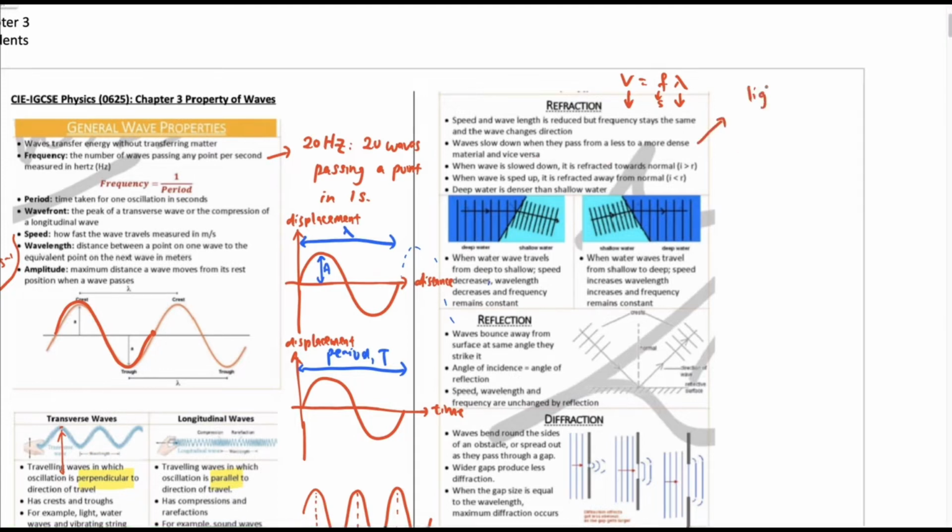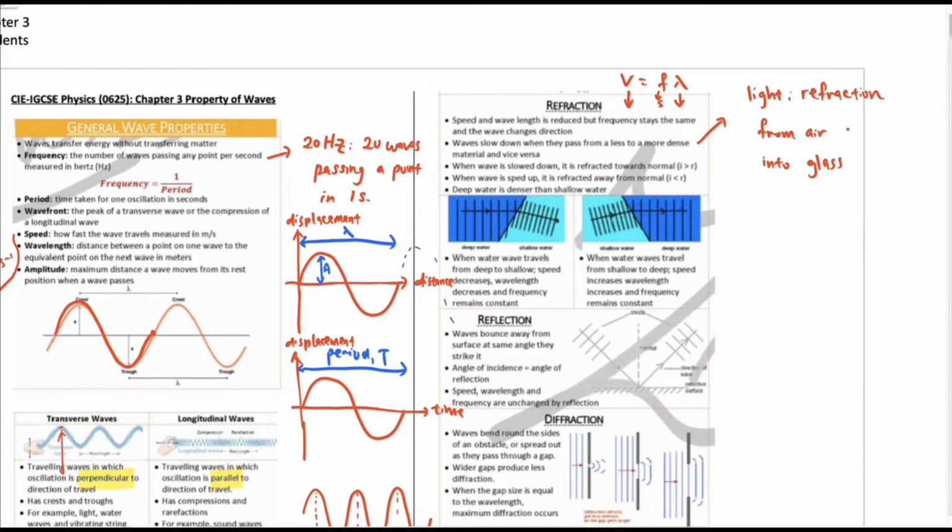light. Refraction happens when the light travels from air into a piece of glass, for example, from air into glass.